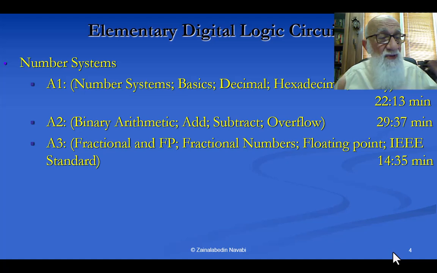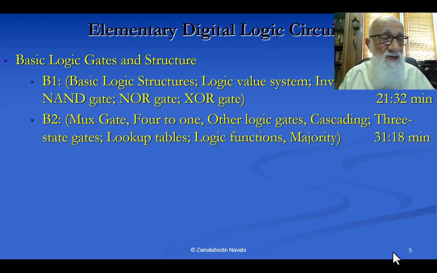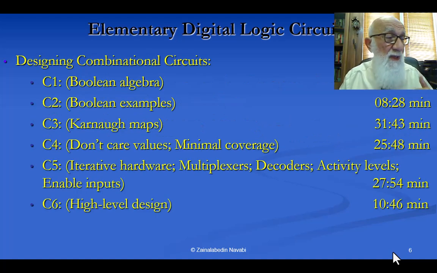And so, for example, A1 is 22 minutes, and we talk about decimal, hexadecimal numbers, and so on. And A3 is the last part, which we talk about floating point numbers and fractional numbers. Topic B is on basic logic structures, gates, and so on. And notice again that we have B1 and B2, 21 minutes and 31 seconds.